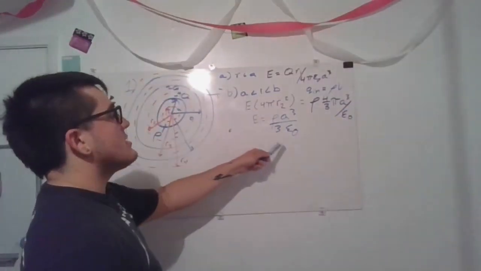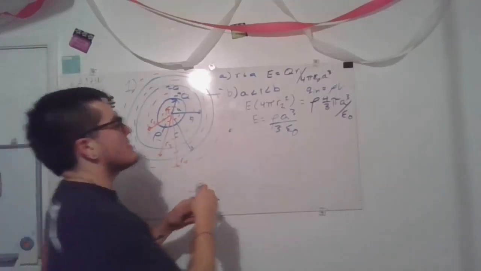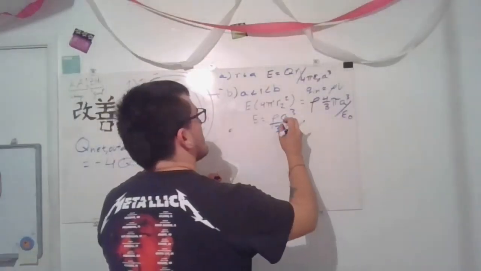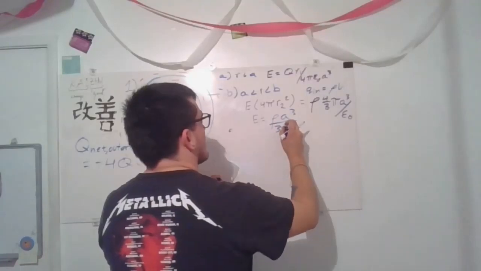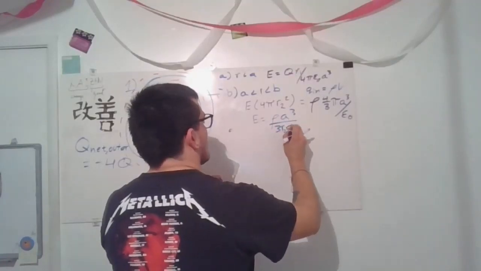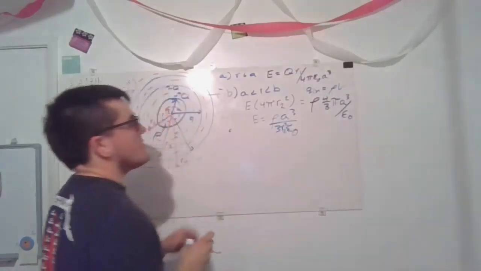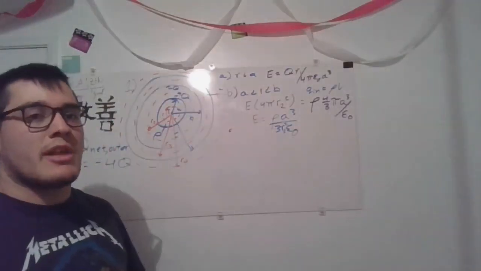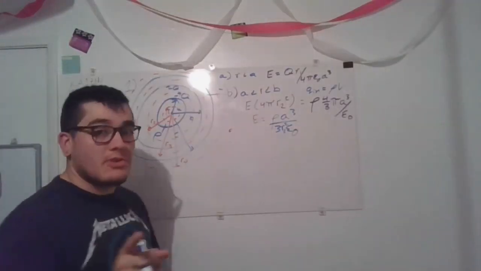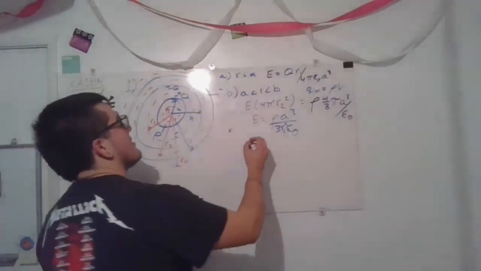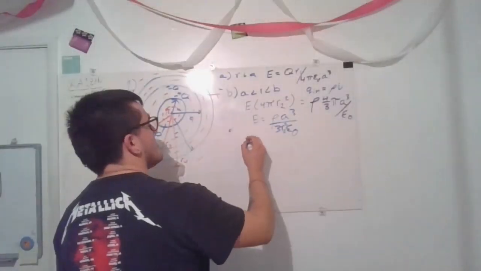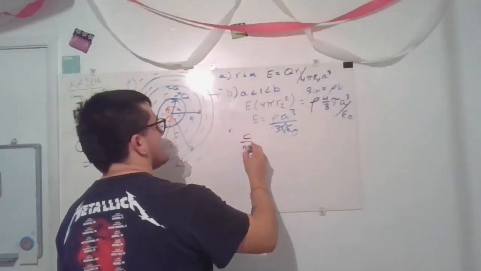Okay, so that one's not too bad. Oh, I missed something. The R2, right? R2 squared. There you go. Again, dimensional analysis to check yourself before you wreck yourself. So rho is coulomb per meters cubed.